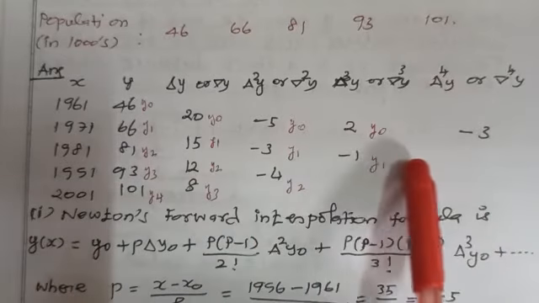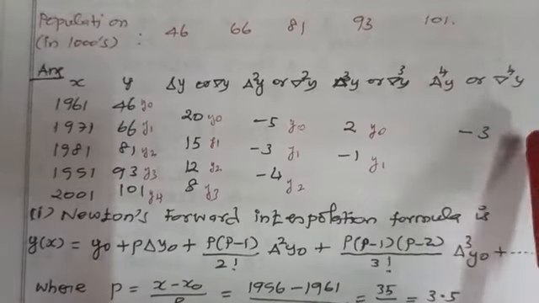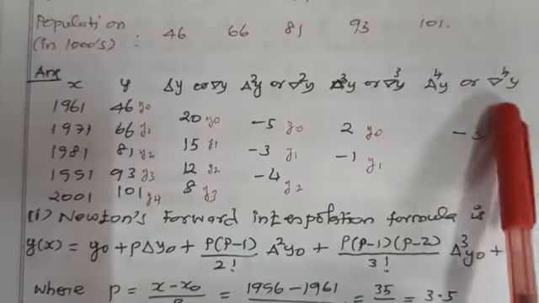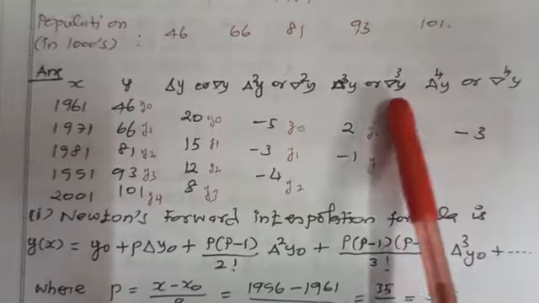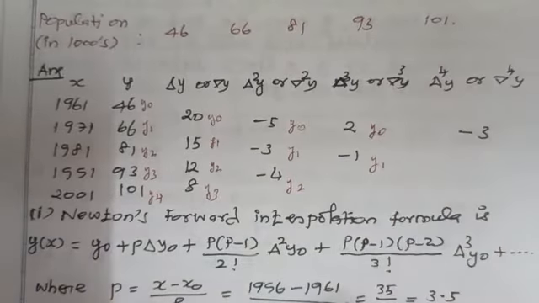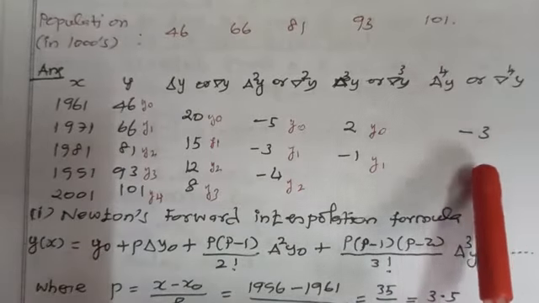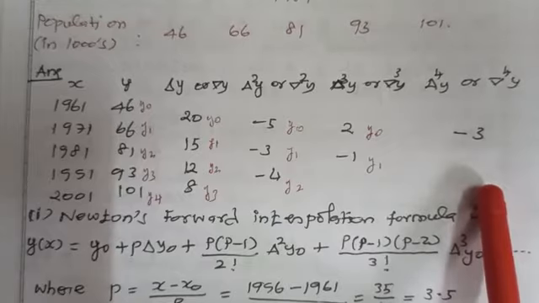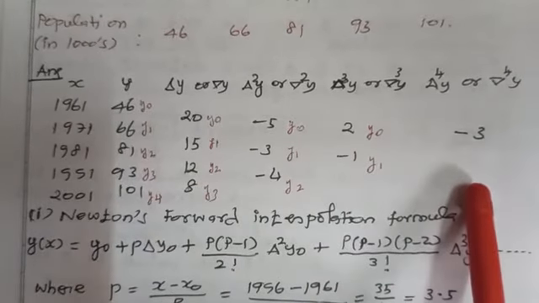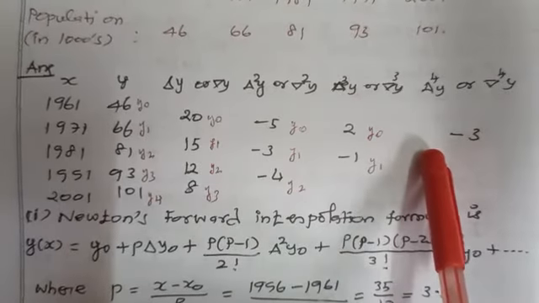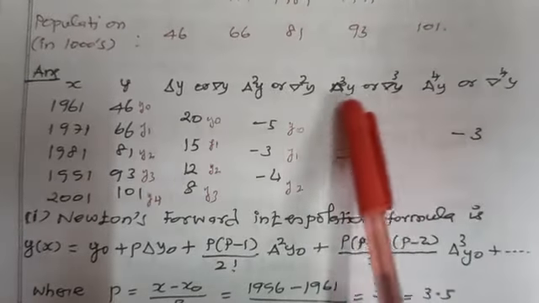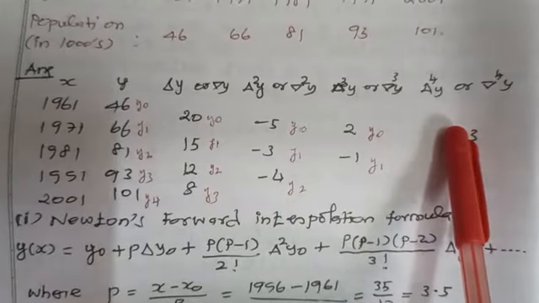We have to continue the process up to a single value, or until all the values are 0. Then we can stop the process.